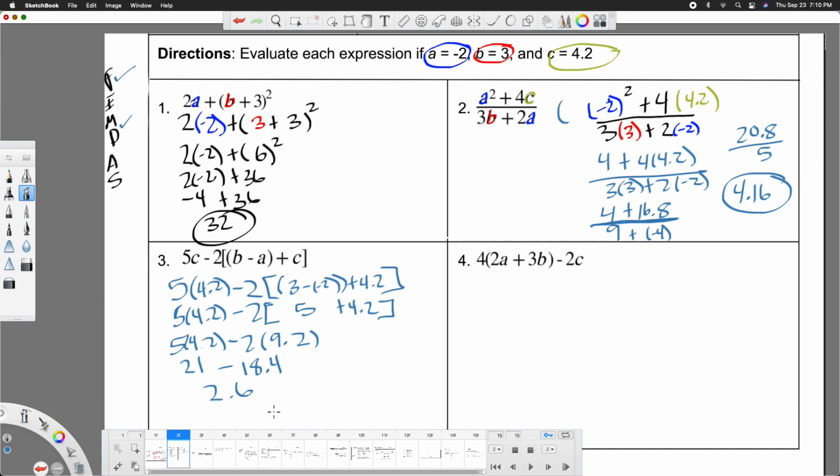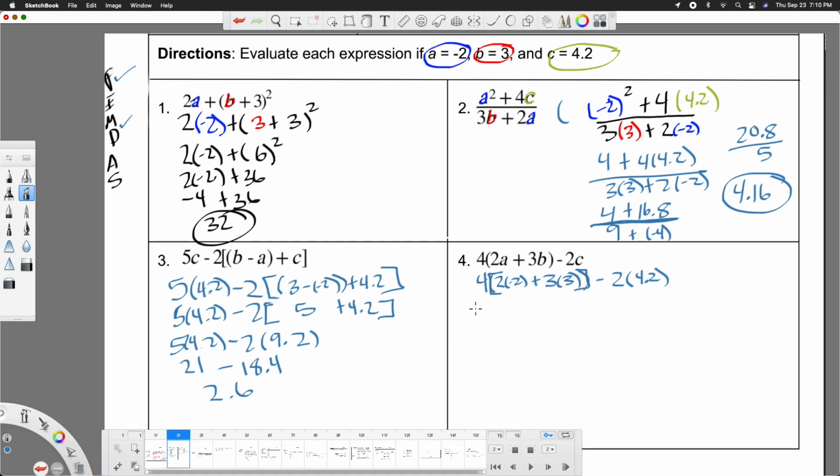We have 4 times 2 times negative 2 plus 3 times 3 minus 2 times 4.2. So usually with this one, I should probably change these to brackets since I added some extras in here so that it's very clear that it's kind of its own layer, the whole thing, and it doesn't get mixed up with these guys in here.